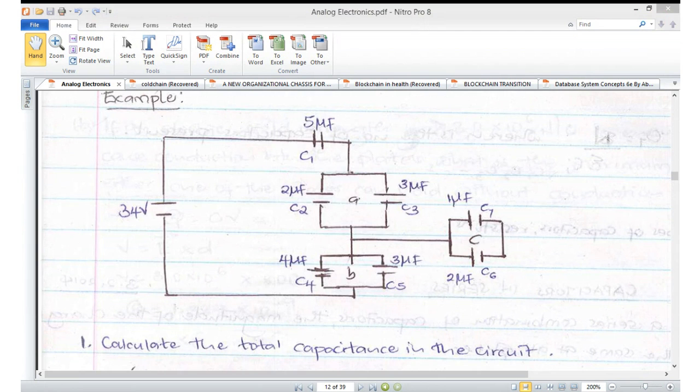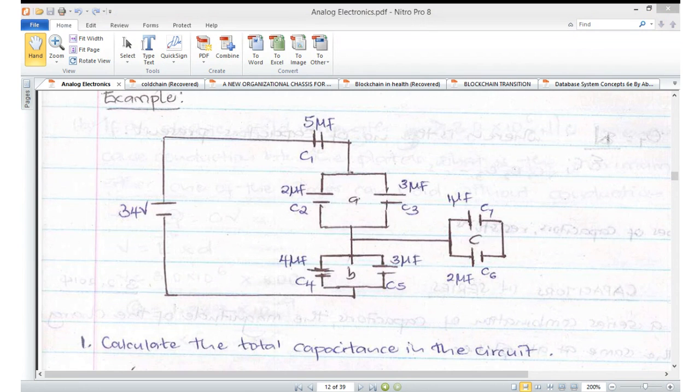So we have an example there on how to calculate the total capacitance of capacitors that are arranged in a combination of parallel and series.